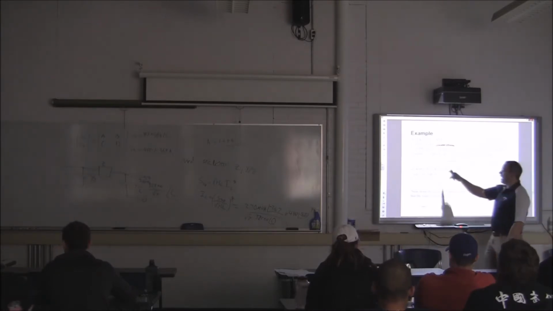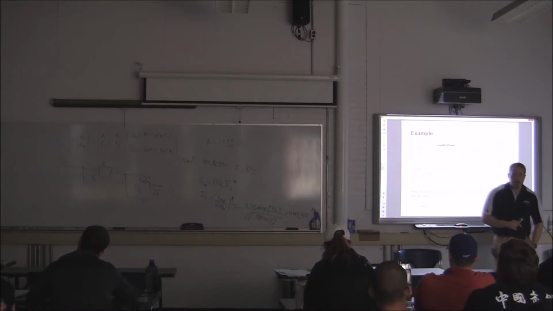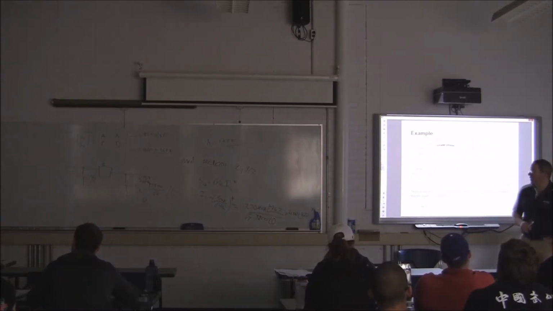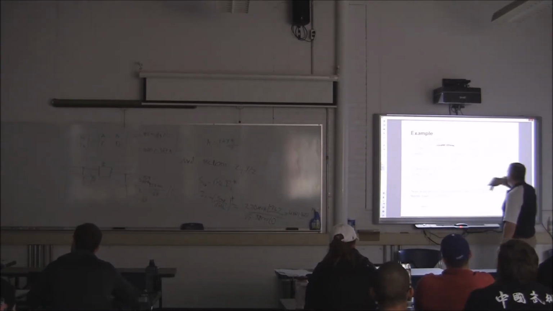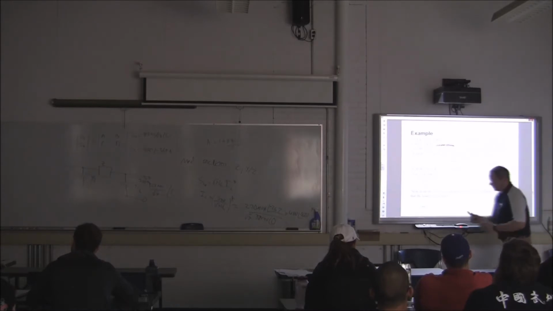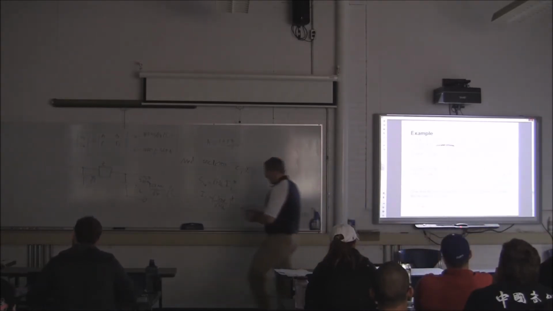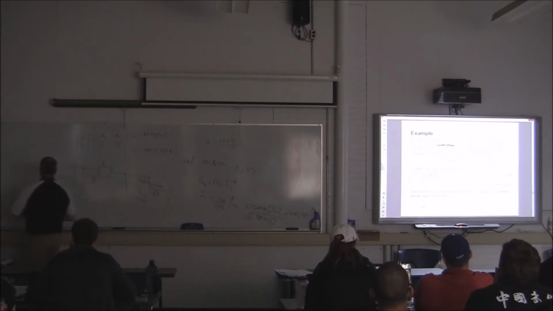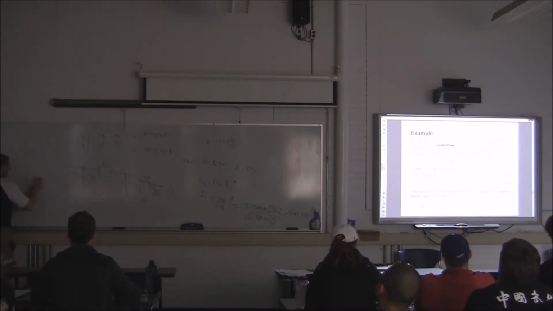My y over 2, not my y, but my y over 2, is just going to be equal to, if I have a Z term and I invert that, I end up with y, right?